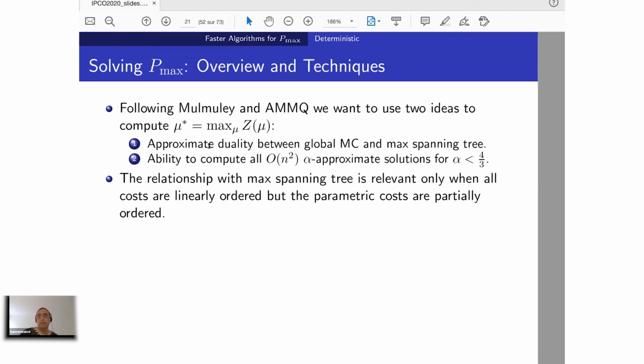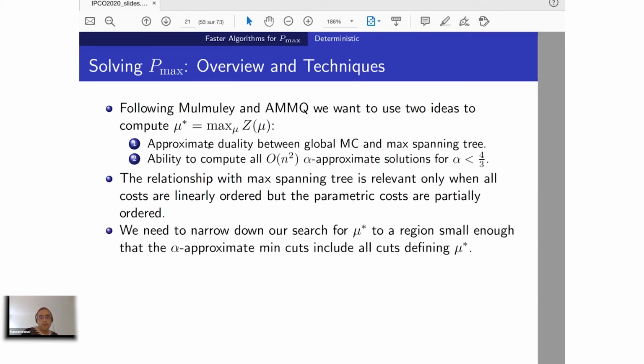But typically, in a parametric context, the edge costs are only partially ordered. So this introduces a difficulty in comparison to the standard context. And also we need to perform a search and find a narrow region containing the unknown target value. And in this narrow region, we will enumerate all the approximate cuts.